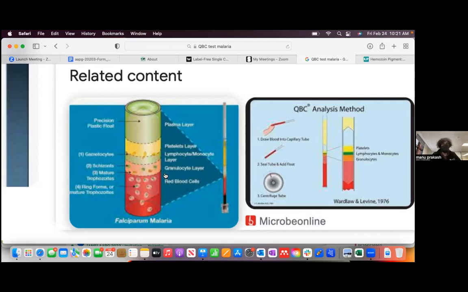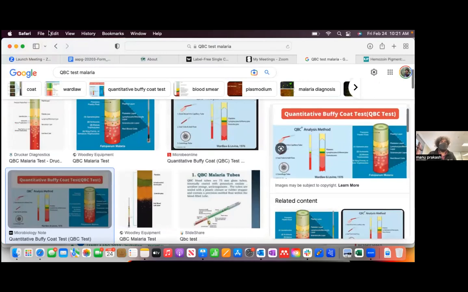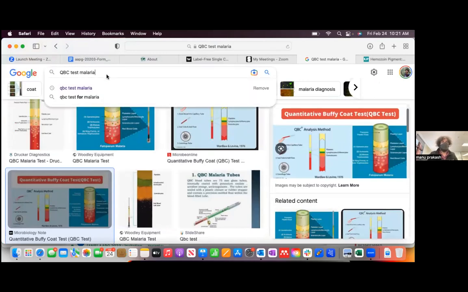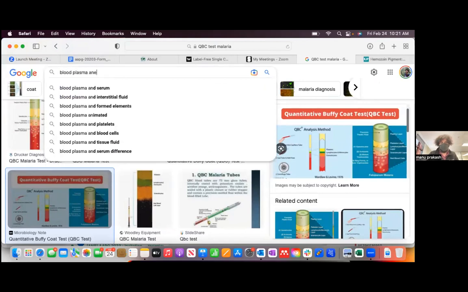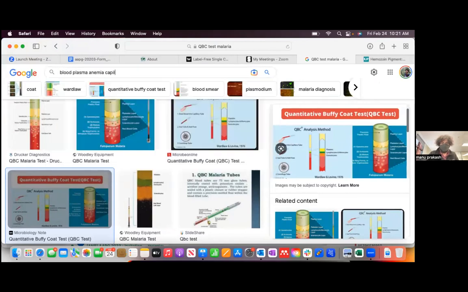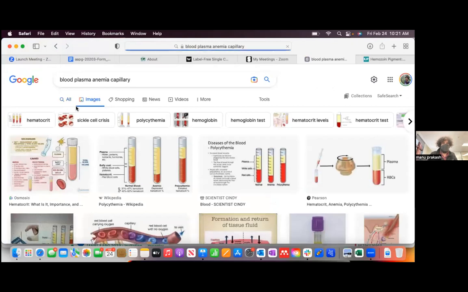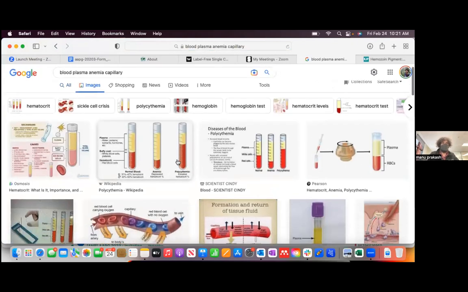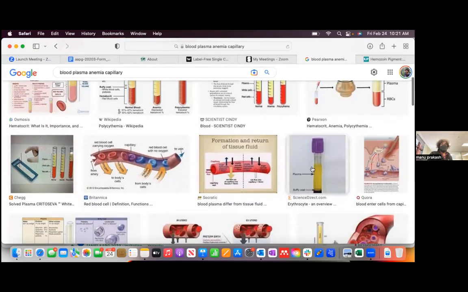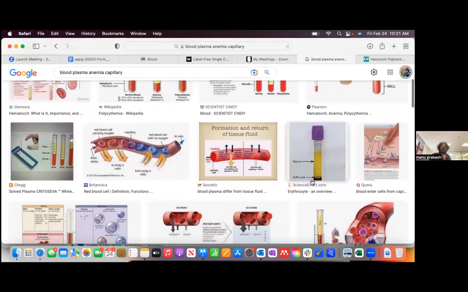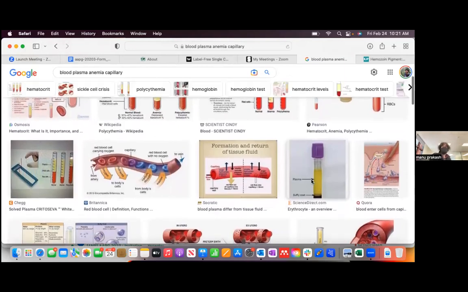And that's a classic anemia test, for example. So if I was to do blood plasma anemia capillary, you essentially see, and many of you might have seen this just by itself in a capillary, that the plasma, which is the non-cellular component of blood, starts separating out.